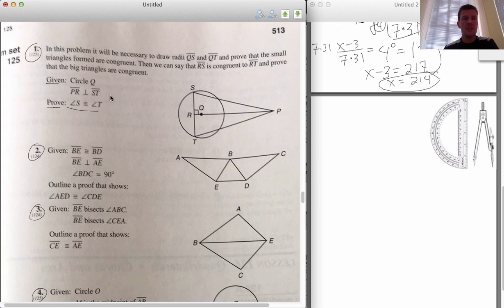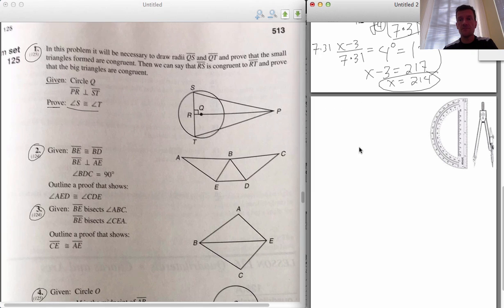Now, I'm just going to talk through most of these. You would actually set up a situation where you have statements and reasons, and you make your first statement and then give the corresponding reason for that. So that's how I'm going to talk through these proofs: statement, reason, statement, reason.